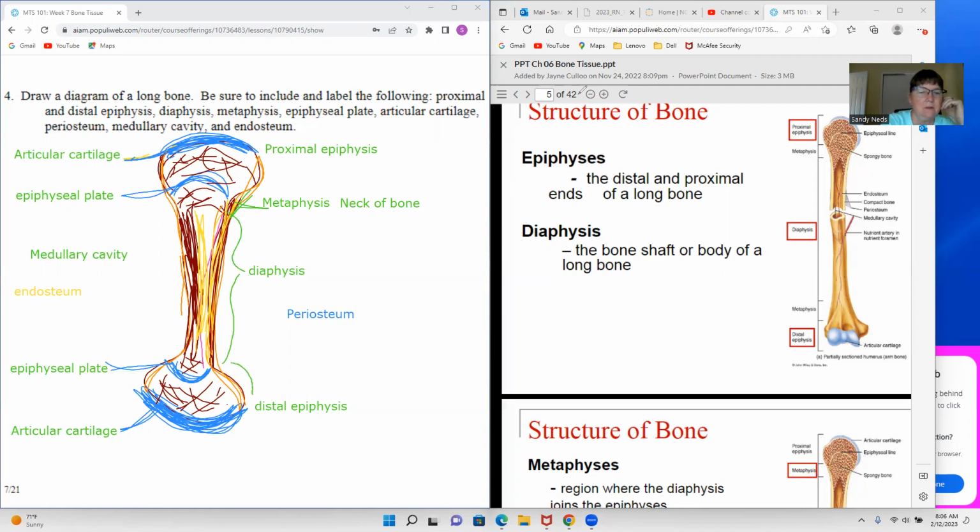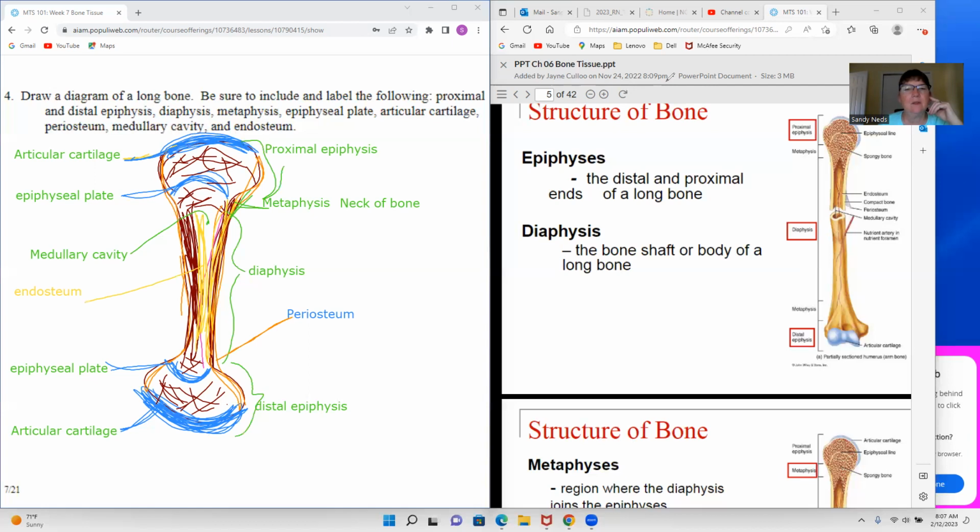The distal and proximal ends of the bones are called epiphysis. The medullary cavity is the center of this bone. The endosteum is a lining of the medullary cavity. And the periosteum, which is orange, is the covering on the outside of the bone. I think I have everything labeled.